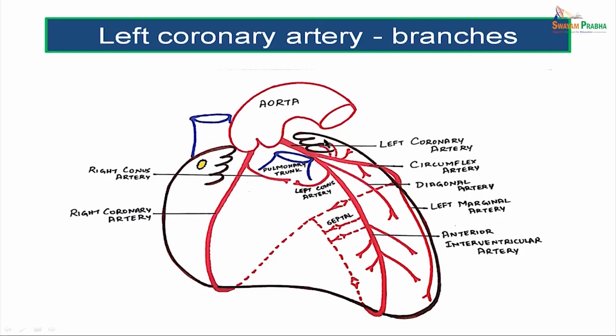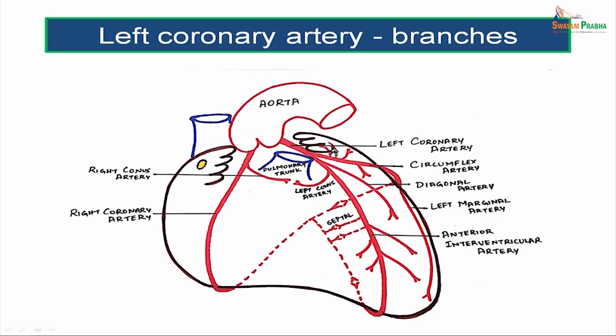This branch will travel anterior to the left atrium, wind round in front of the superior vena cava and then reach the SA node. So, that is the SA nodal artery arising from the circumflex artery in about 30 to 35% of the population.